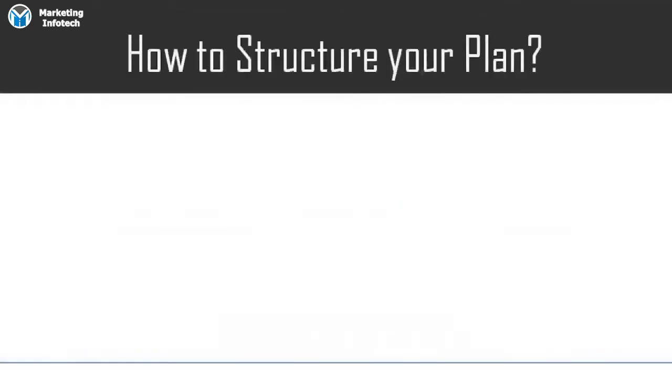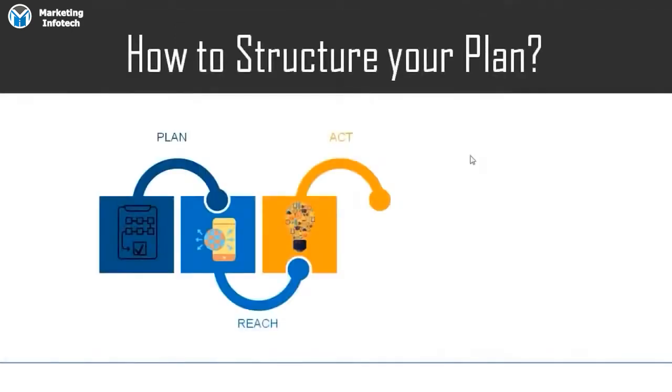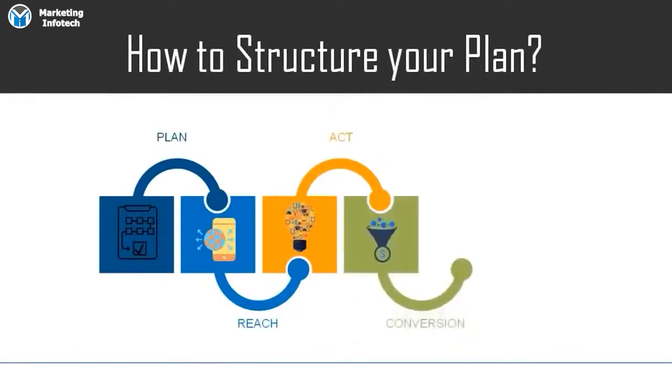How do you structure your plan? First, have a detailed plan. Define your reach. Whom do you want to reach? Who is your target audience? And then how do you want to reach them? Which are the channels you want to advertise on so that you reach your target audience? To give you a simple example, take Snapchat. Snapchat today in India has probably around 40 million users.